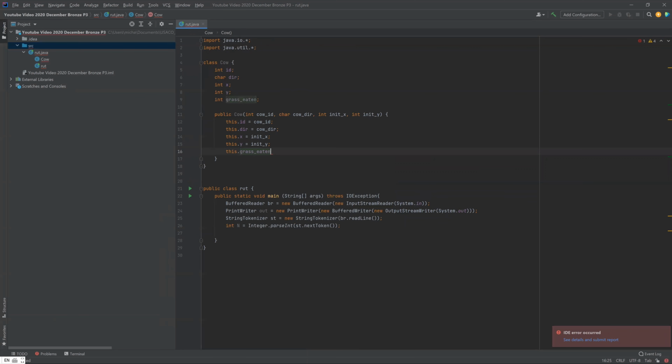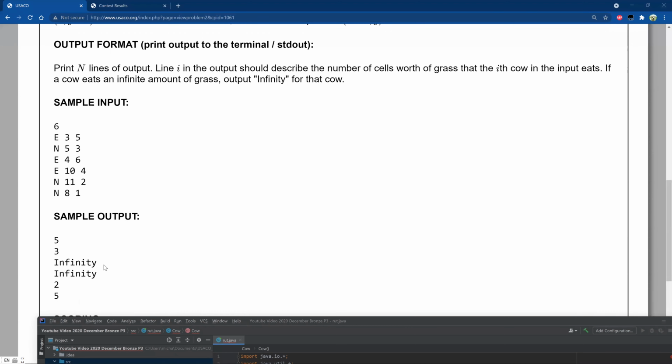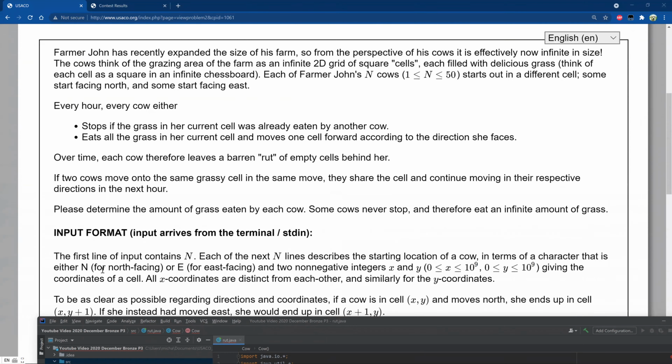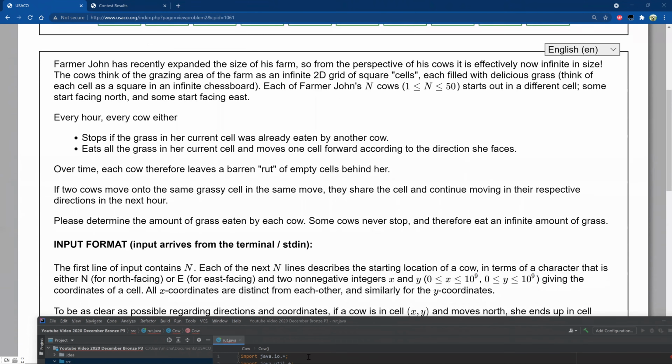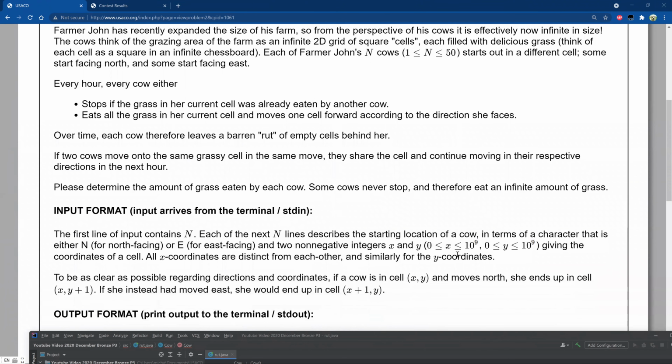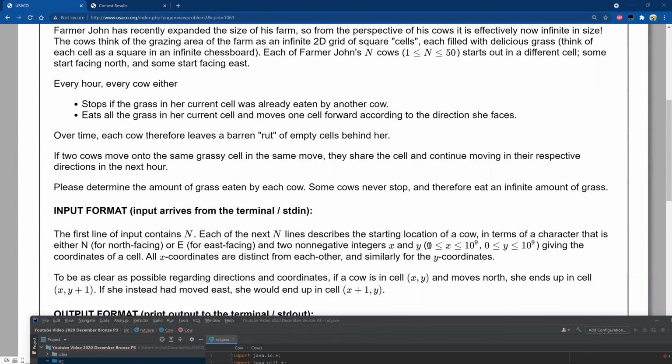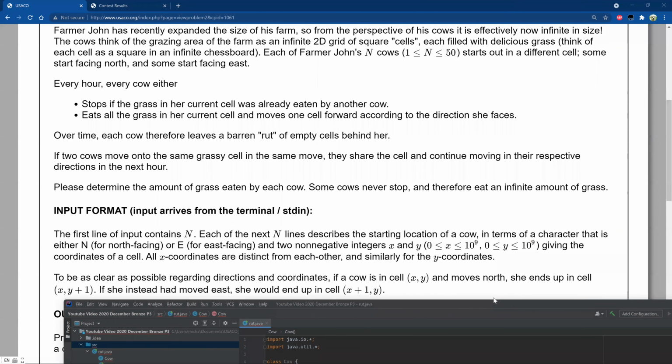All right. So how much grass is eaten? Initially, I will assume that each cow eats an infinite amount of grass, but since it's an integer, I can't do infinity. We can see that the maximum it can eat is 10 to the 9, from 0 to 10 to the 9. So the maximum a cow can eat without being infinity is 10 to the 9.